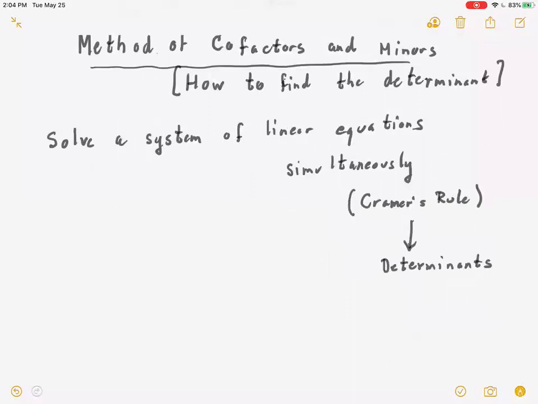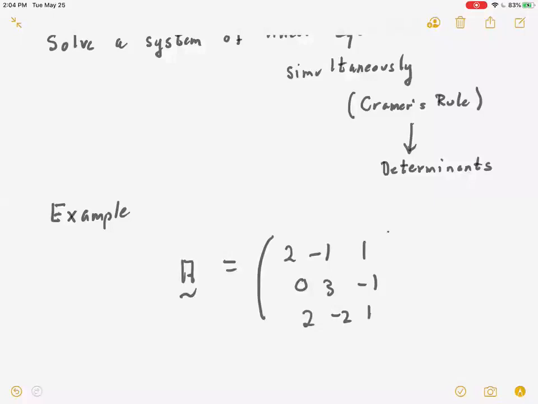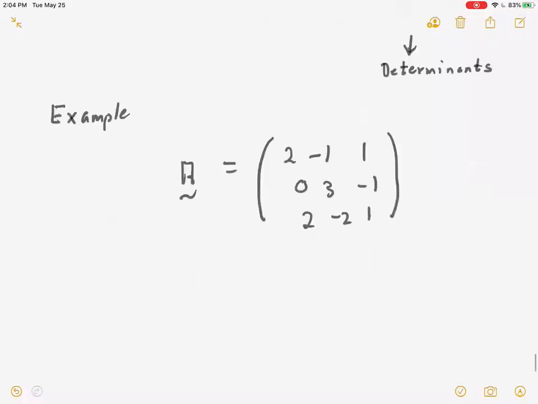So we looked at an example that I'm going to return to, of a coefficient matrix A. This was a matrix that had 3 rows and 3 columns, so in fact, it had order 3. When you say a matrix has order 3, it means that it has 3 rows and 3 columns.